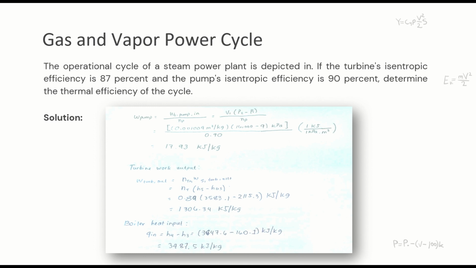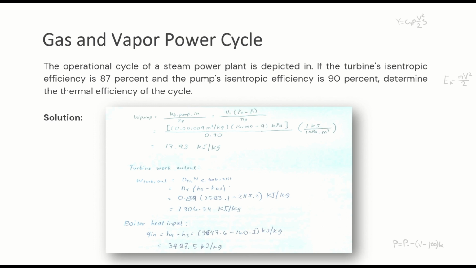We will be solving it by the formula, which is work of turbine out equals η_T times W_s turbine out, so η_T times the quantity of h5 minus h6s, where h is for enthalpy.